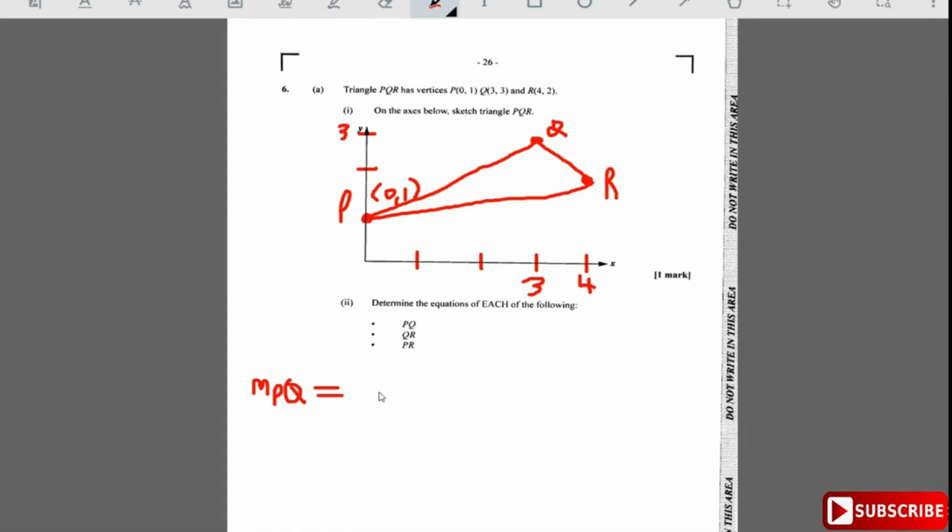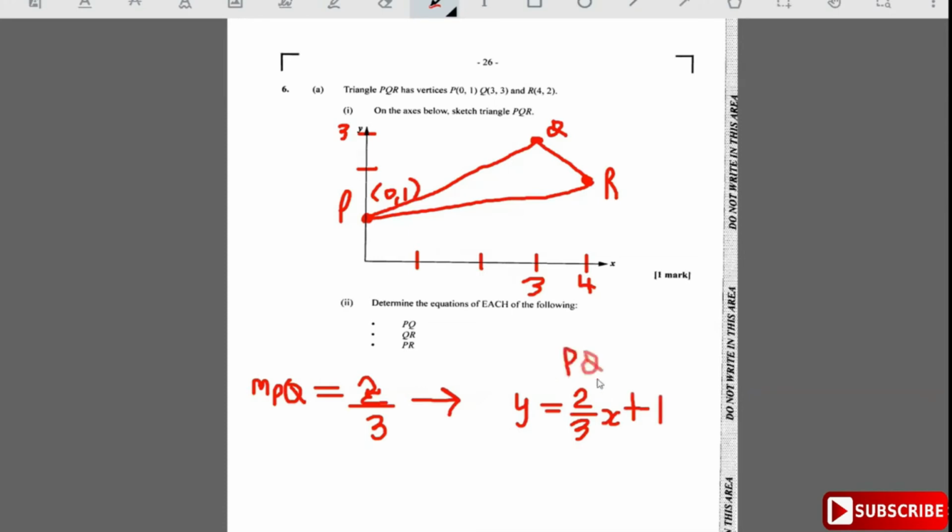So the gradient of PQ is 2 over 3, and the equation is y equals 2/3 x plus 1. That's the equation of the line PQ. This is the first one.